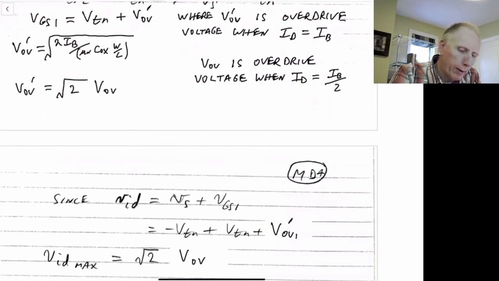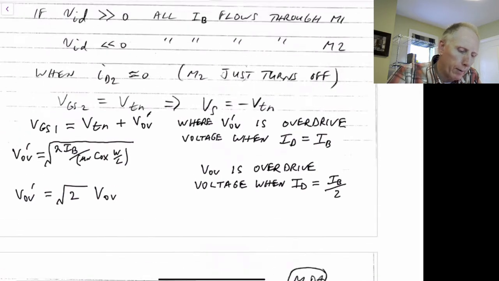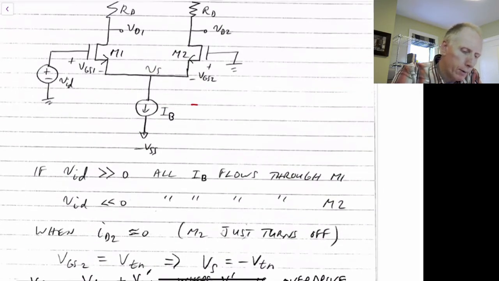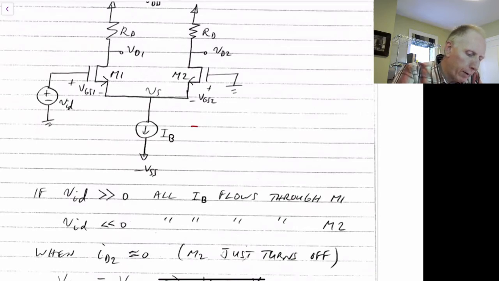Now we'd like to find the differential voltage when this occurs. We have that VID is equal to the source voltage plus VGS1. In other words, we have that this voltage here is VS, this voltage relative to ground, plus the voltage here.